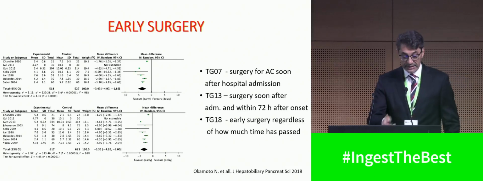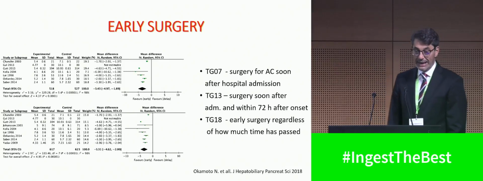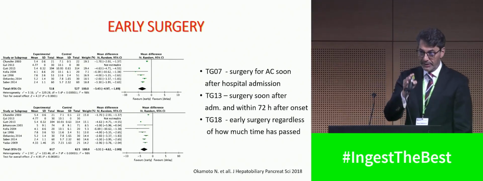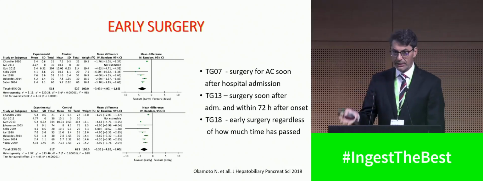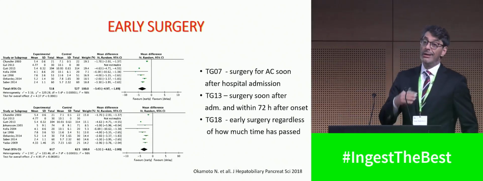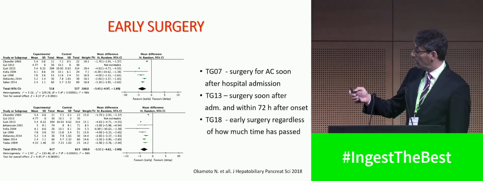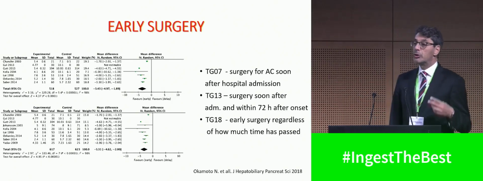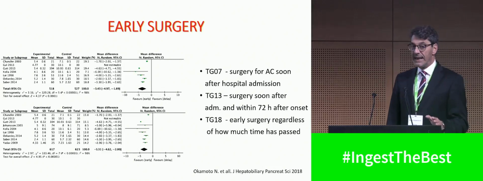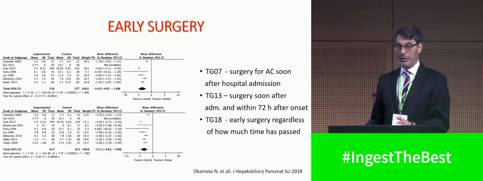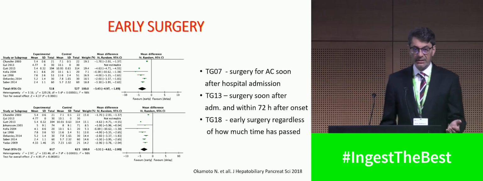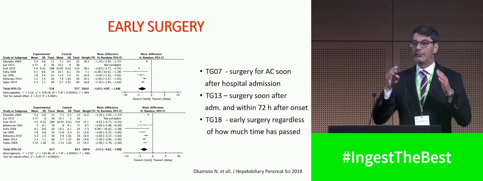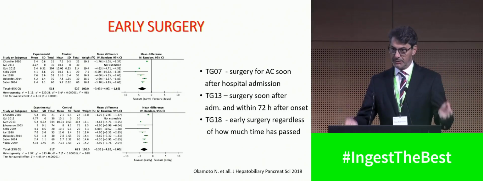And then this is the meta-analysis of the studies which compare early and late cholecystectomy. But also, in the lower table, you have two studies which compared early cholecystectomy after 72 hours, and there is the same result as in the first 72 hours in a highly experienced center.